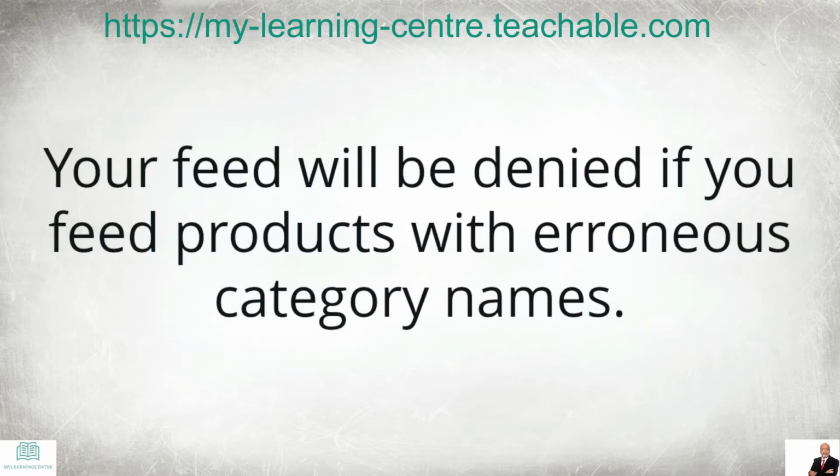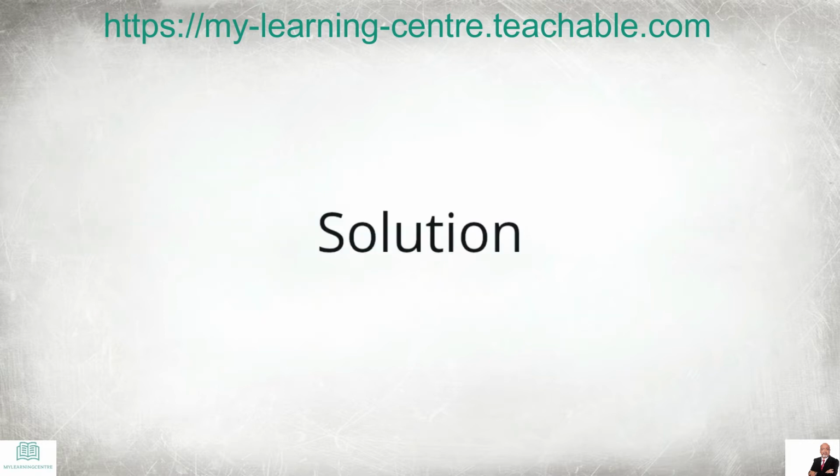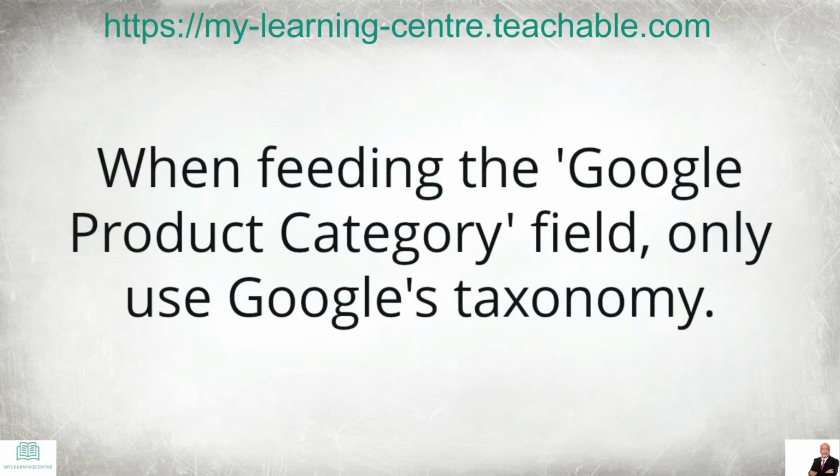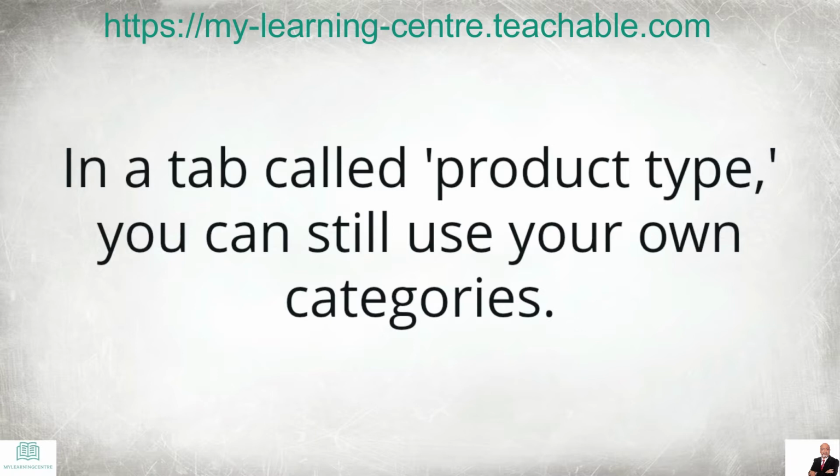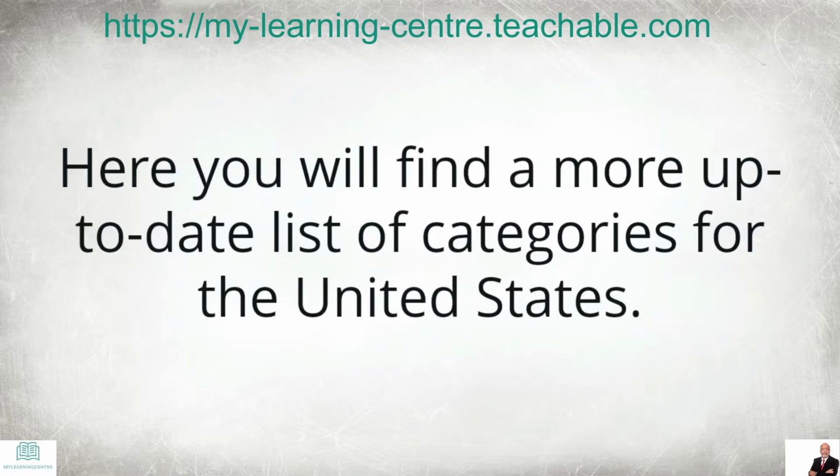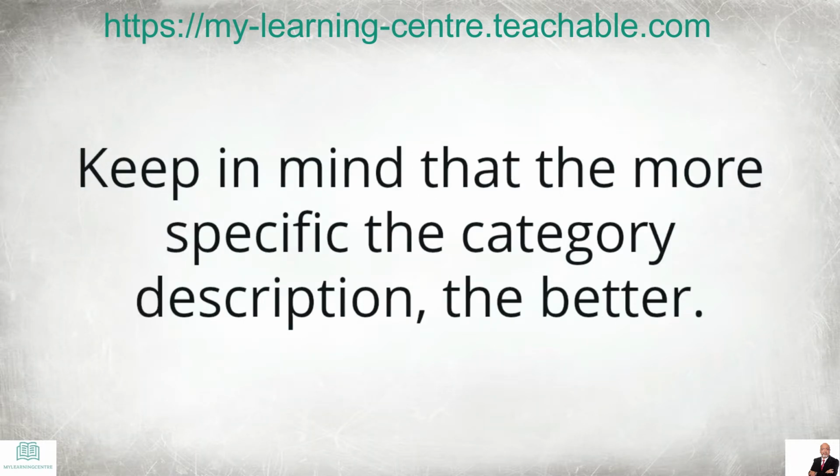Your feed will be denied if you feed products with erroneous category names. Solution. When feeding the Google product category field, only use Google's taxonomy. In a tab called Product Type, you can still use your own categories. Here you will find a more up-to-date list of categories for the United States. Keep in mind that the more specific the category description, the better.